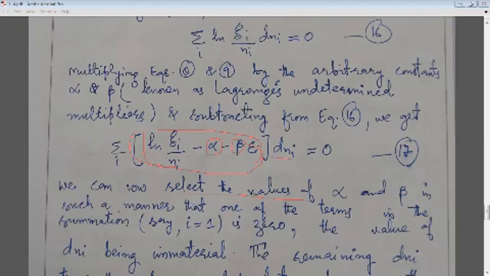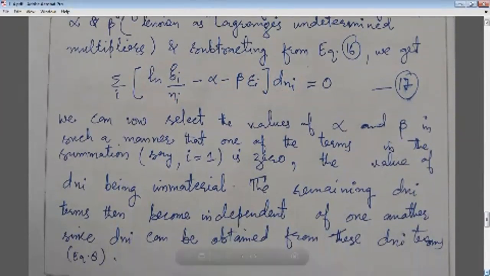And this dni is independent of it, because this cannot be 0, so it is immaterial, because the number of particles cannot be 0. If the number of particles were equal to 0, then we would have considered a nothing system. So the remaining dni terms then become independent of one another, since dni can be obtained from these dni terms.